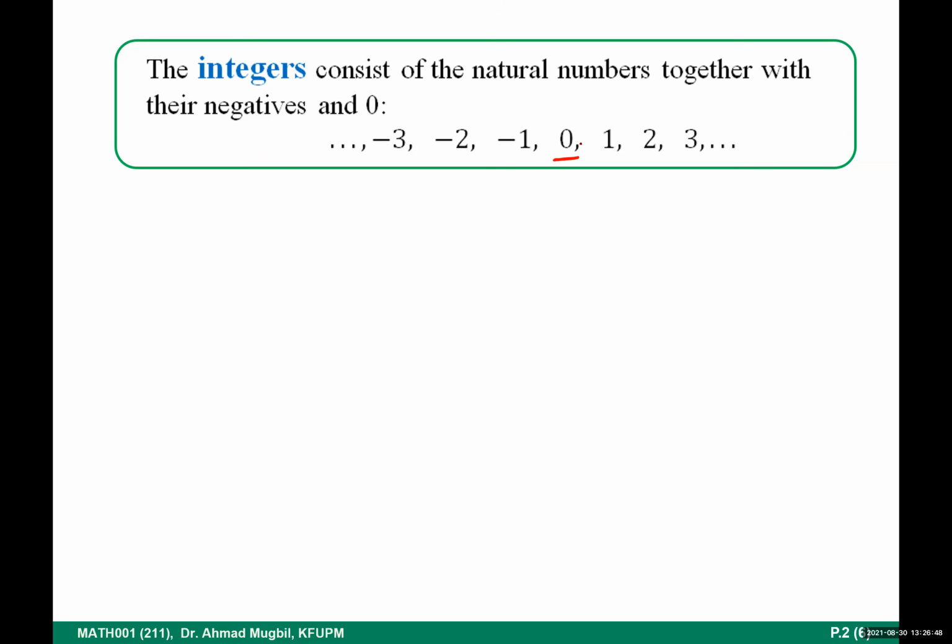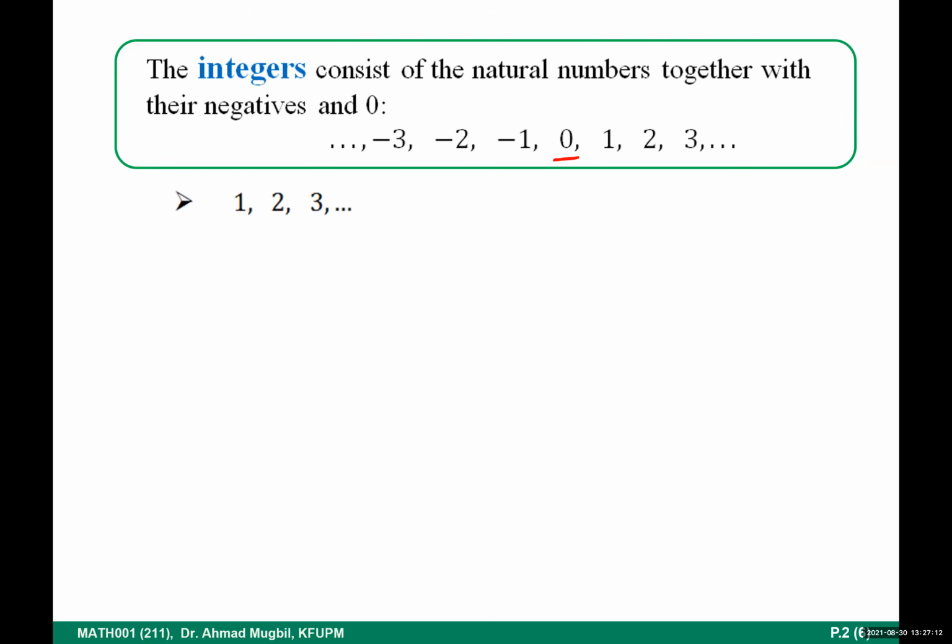In temperatures, when they have a thermometer, they notice that the thermometer is going below the 0. So there is something below the 0, and these are the negatives of the natural numbers. So 1, -1, 2, -2, 3, -3. Now these are called integers.